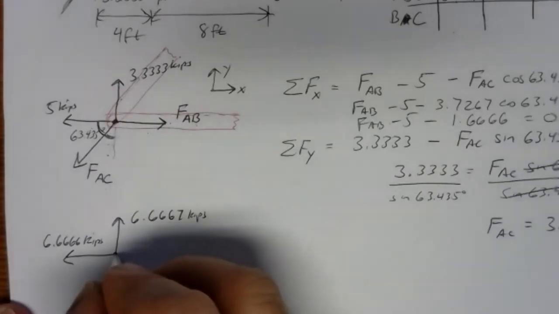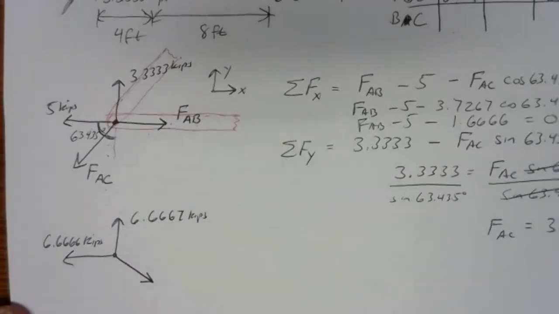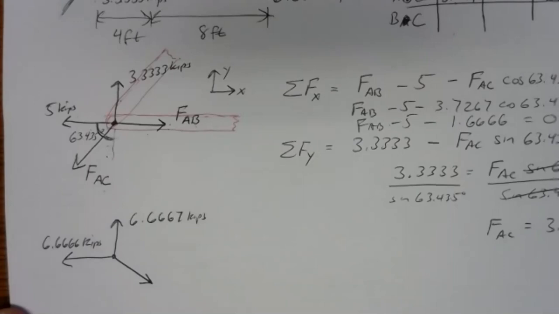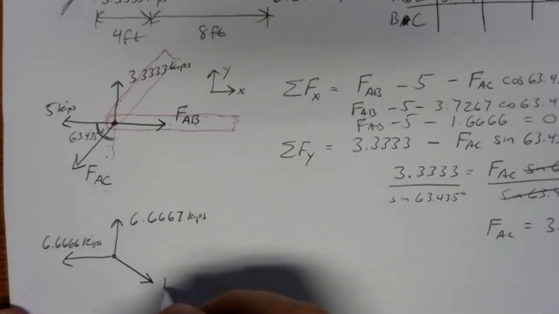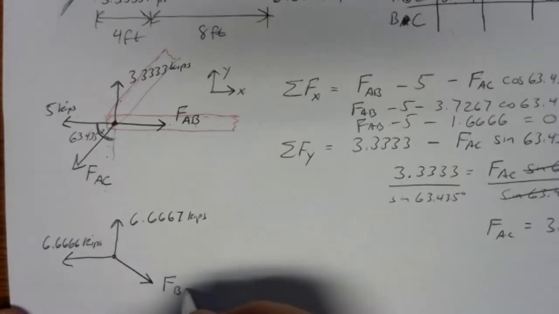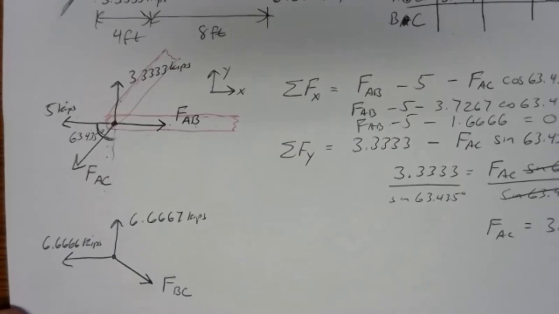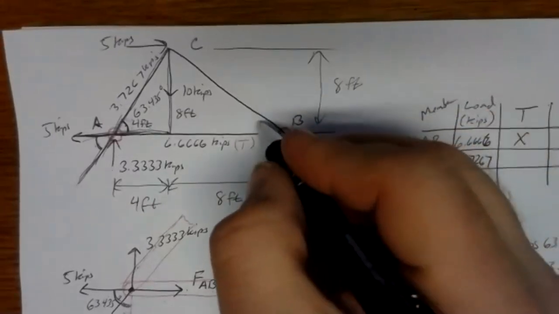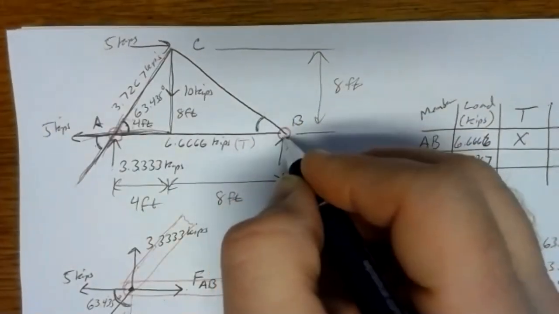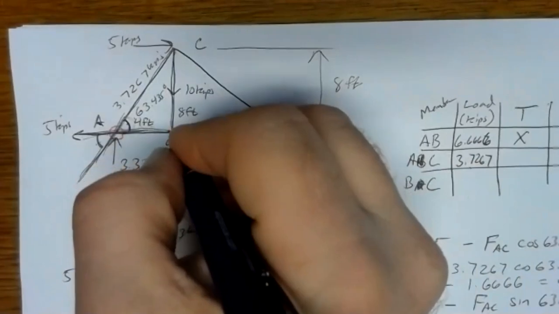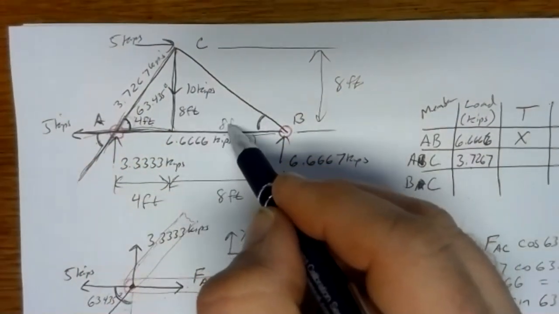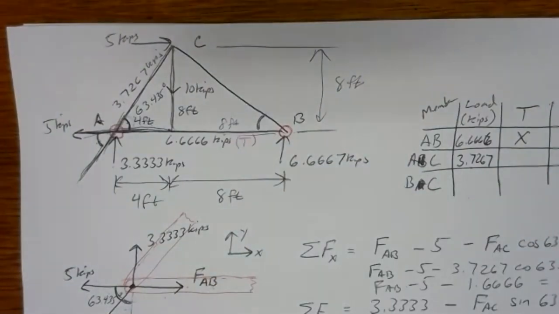Member BC has got to push joint B down and to the right. It's the only way it can go. If it pulled up and to the left, we wouldn't have equilibrium. So this is member BC's force. Now we're going to need an angle, and we can go up to our drawing for that. We'll need this angle here, but again, we've got a triangle, a right triangle, 8 feet high and 8 feet on the base.